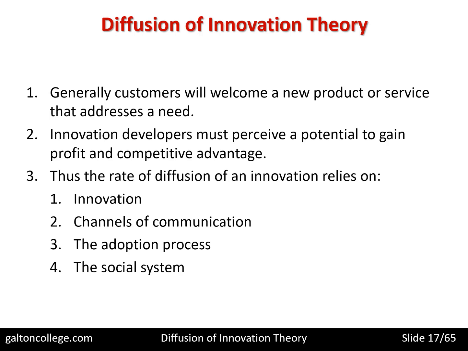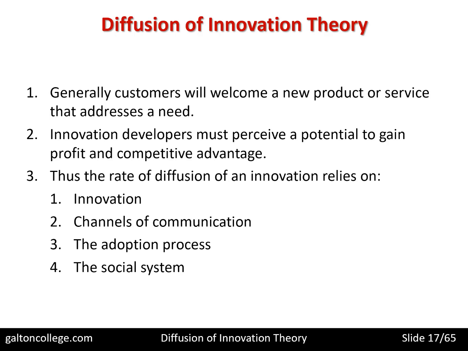And of course, that in turn depends on the social system. Some societies are very conservative and will want to stay by traditional means. They want to continue to do things in the old-fashioned way. They may not want new products or variations, or they're not impressed by newness of ideas.